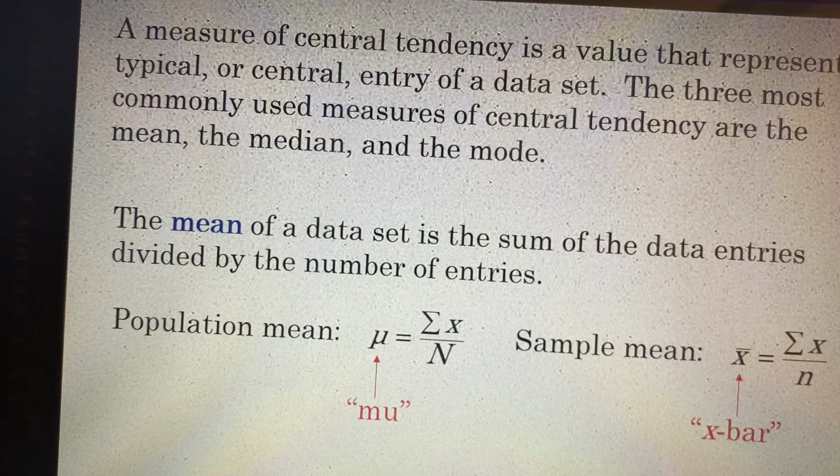So for example, if I wanted to find the average GPA of Winter Park High School students, if I was using a population, that means I would have to include every single Winter Park High School student to come up with the population mean. If I was running short on time or I just didn't have the means to get to every single student, I could take a sample. So that would be a portion of the population.